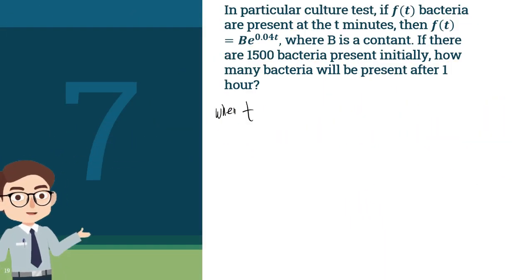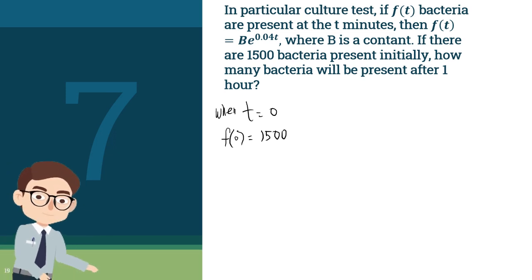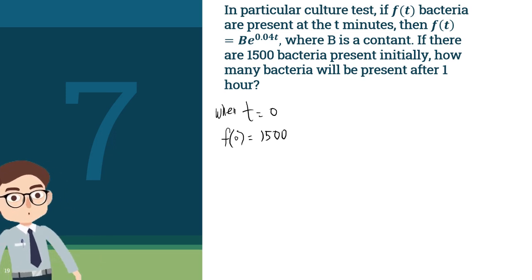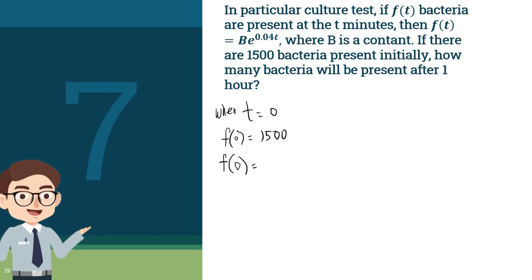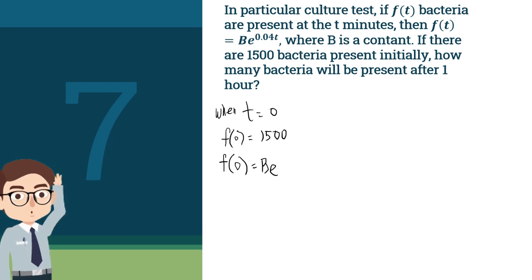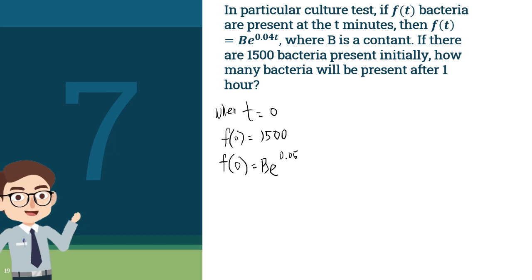When t is equal to 0, our bacteria f of 0 is equal to 1,500, wherein we will use that in our formula, f of 0 is equal to b e raised to 0.04t.